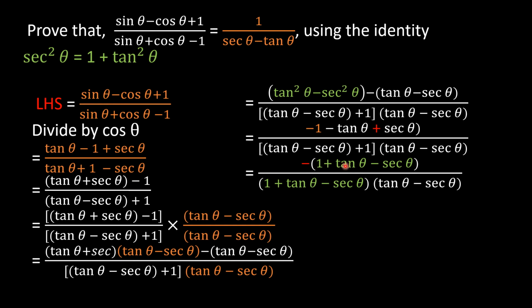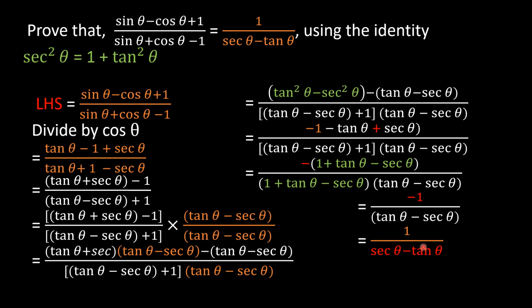Now 1 plus tan theta minus sec theta and 1 plus tan theta minus sec theta will get cancelled from numerator and denominator, and minus 1 divided by (tan theta minus sec theta) is left. Now we have to write this expression in this form. For that we will absorb this minus 1 in the numerator into the denominator and write the terms in the denominator in the reverse order.